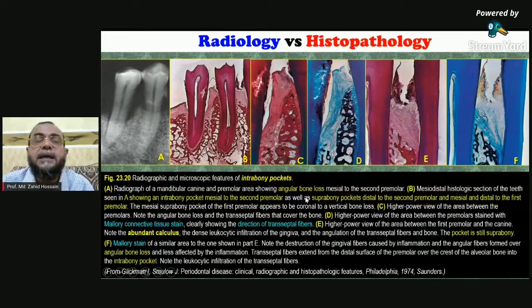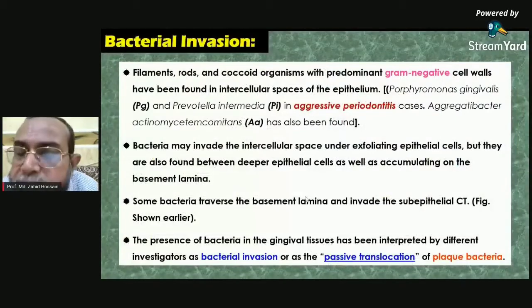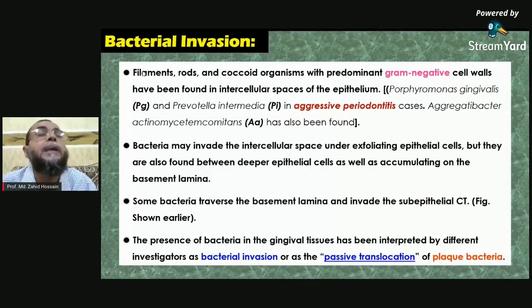So this is the proof, the radiograph along with the histological features, of what is happening when there is a pocket formation. What about bacterial infection in the pocket? Filamentous bacteria, as I told you, have appendages, fimbriae or flagella. Rods and coccoid organisms, with predominantly gram negative.